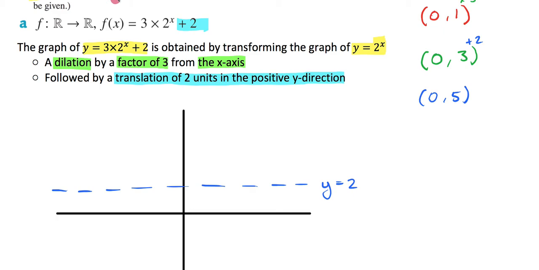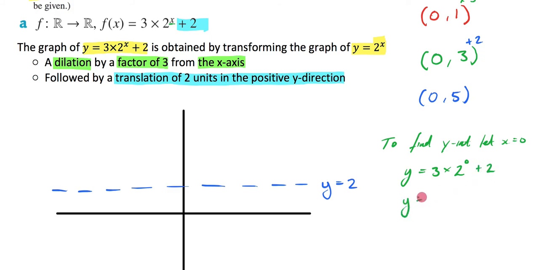So to find the y-intercept, let x equal 0. So it's going to be y equals 3 multiplied by 2, and instead of putting this x, I'm going to put a 0. Then I'm going to plus 2.